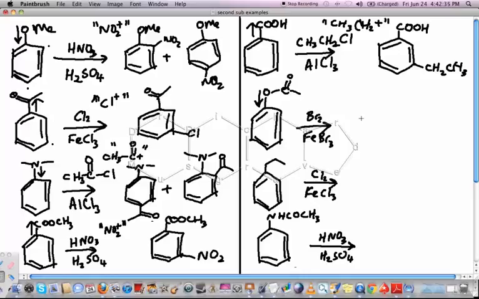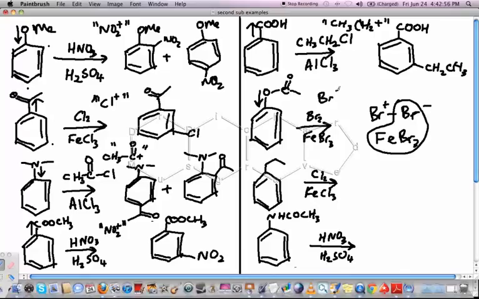Alright, let's look at the electrophile, and we've got Br2 and FeBr3. So again, we draw this out. And we know that that portion is going to be negative and whatever else is going to be positive. So the electrophile here is going to be Br plus.